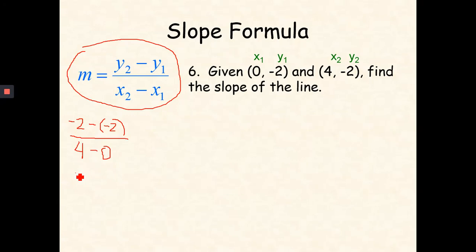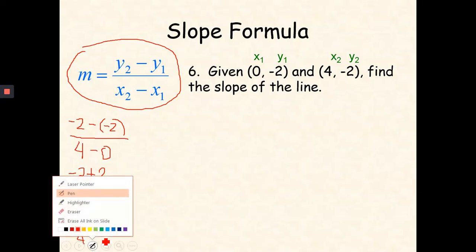Okay? So let us now simplify. Negative 2. Again, you're just going to multiply. Negative times negative, that will become positive 2 all over 4. What is negative 2 plus 2? That is 0 over 4.